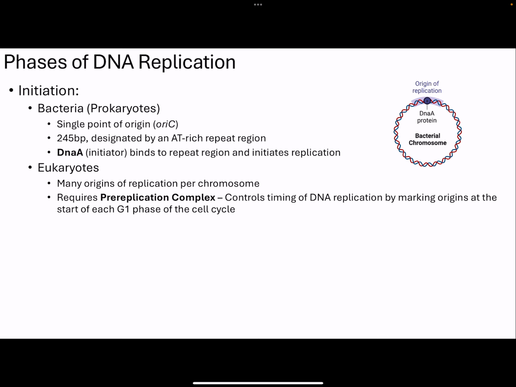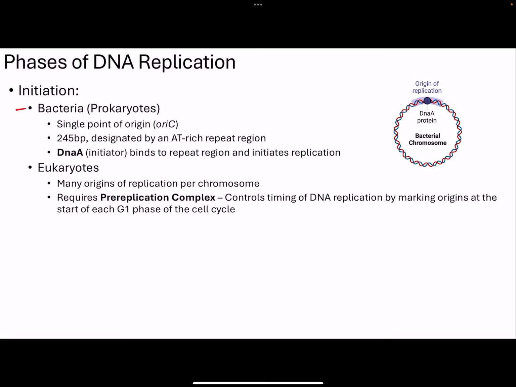Multiple chromosomes, the chromosomes themselves are much longer, many more nucleotides are used to build those structures. And as a result, it takes longer and is less efficient to replicate the entire genome of a eukaryotic cell as opposed to bacteria. And that difference in genome size and complexity leads to the initiation differences.